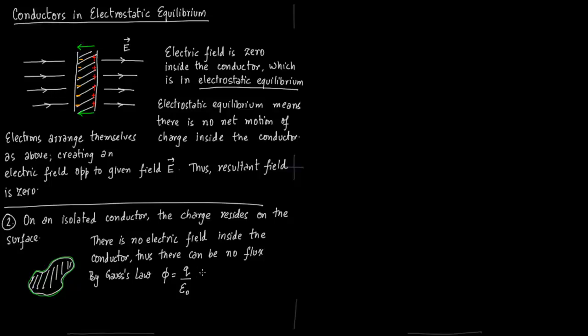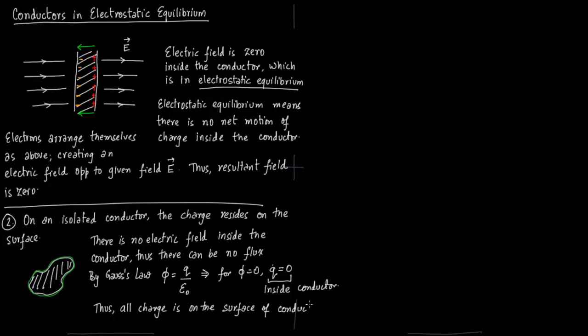Now if flux is zero, the charge will be zero. So inside the body, since there is no electric field, there will be no flux. Since there is no flux, there will be no charge inside the conductor. So if you have a charged conductor, that means all the charge has to be on the surface of the conductor. Because inside the conductor, electric field is zero, flux is zero, and therefore charge has to be zero.